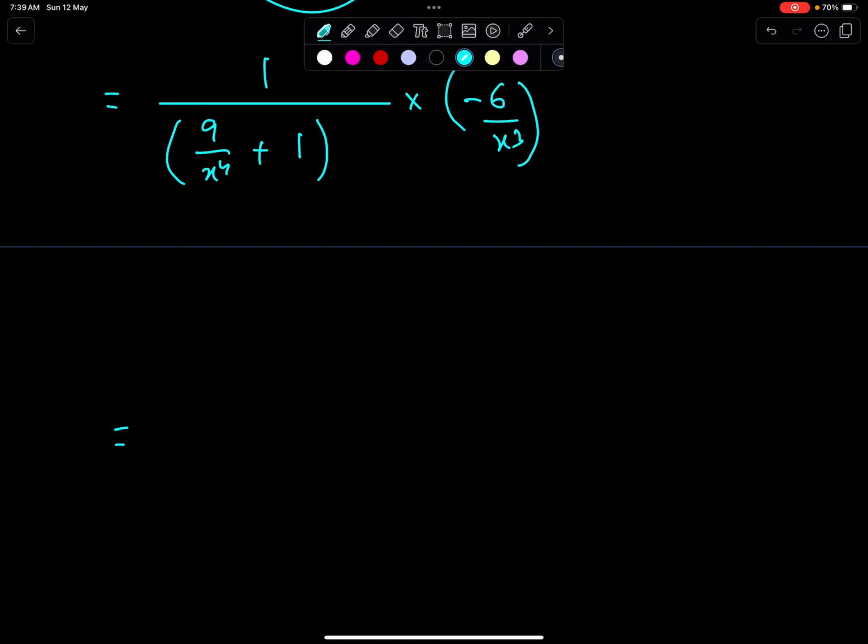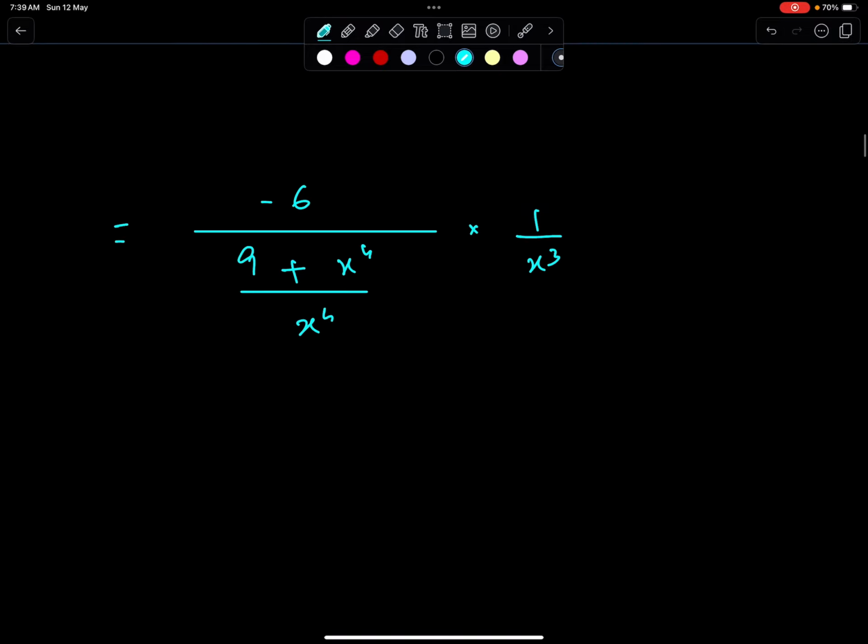Finally we have minus 6, 1 upon x cube is here, 9 plus x to the power 4 upon x power 4. Now this x power 4 will come here. So minus 6 x power 4 over 9 plus x to the power 4 times 1 upon x cube.